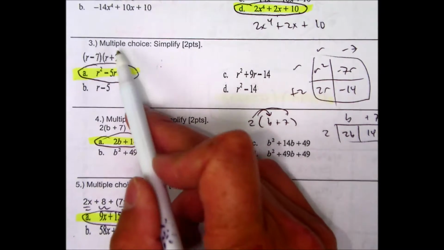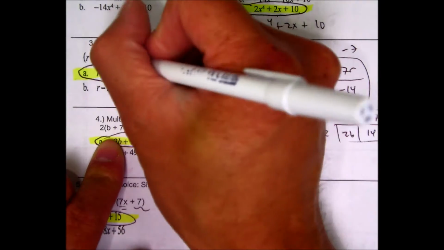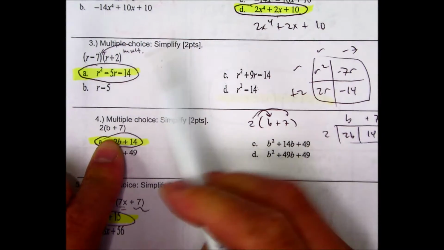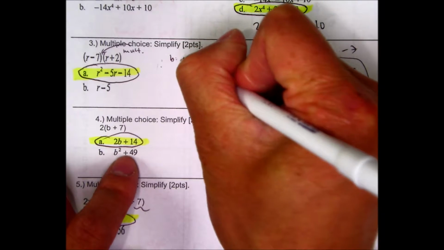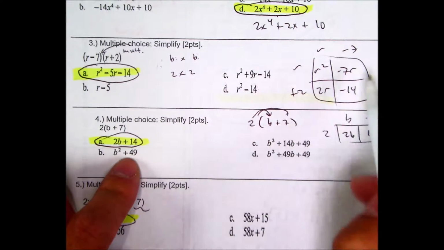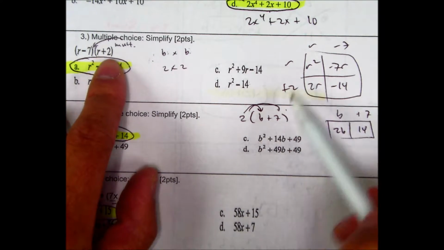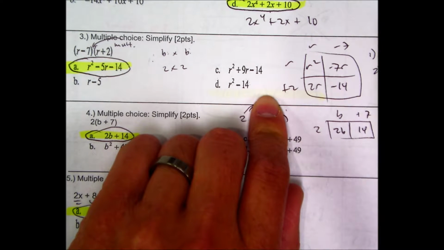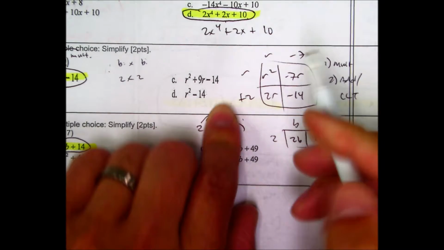Question number 3, it tells you to simplify. There's no math operation there, so that is multiplication. I think we did this in the last video. You have a binomial times a binomial. A binomial times a binomial is a 2 by 2, or a total of 4 boxes. So you put your expression, r minus 7, r plus 2, and you're going to multiply first, and then add or combine like terms.